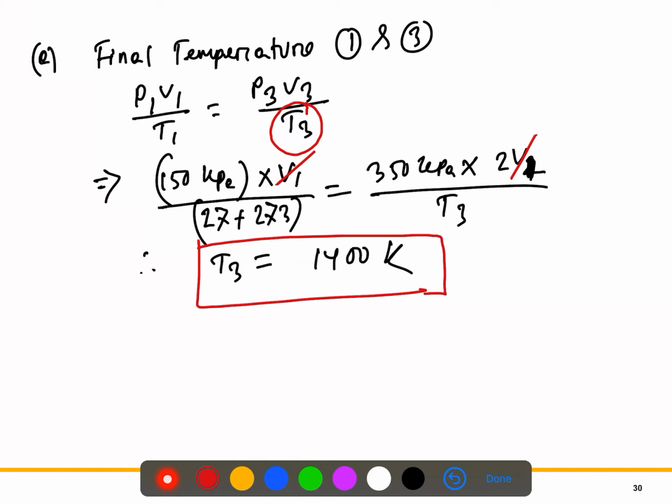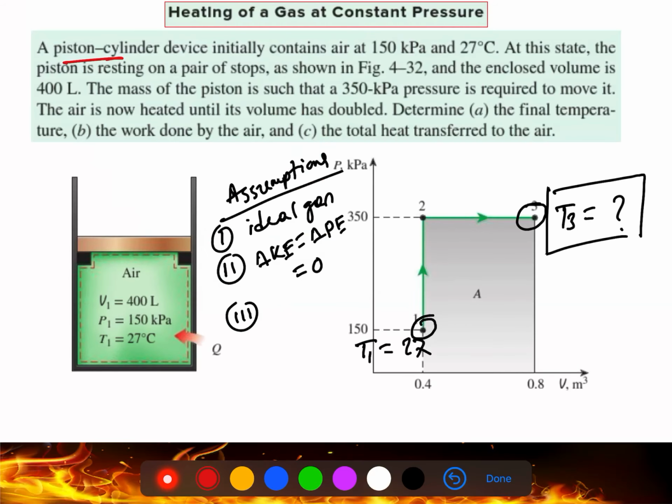So now if we want to calculate the work done, you can remember the second part was the work done by the air. So the work done by the air, you all know, guys, if we want to calculate the work, then we can easily calculate the area underneath the process curve. So here the process curve starts from here, and this is the final state.